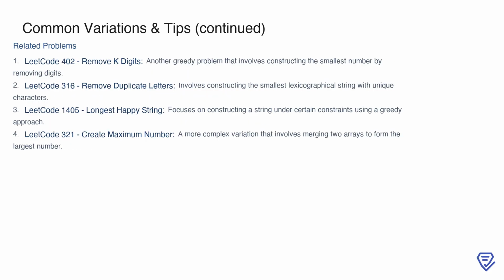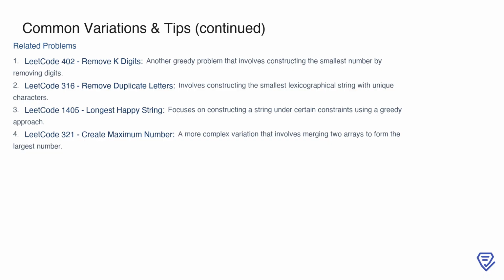If you want to strengthen your understanding of this problem, it's helpful to explore related problems that use similar techniques. For instance, LeetCode 402, Remove K Digits, is another greedy problem where you construct the smallest number by removing digits. LeetCode 316, Remove Duplicate Letters, focuses on constructing the smallest lexicographical string with unique characters.